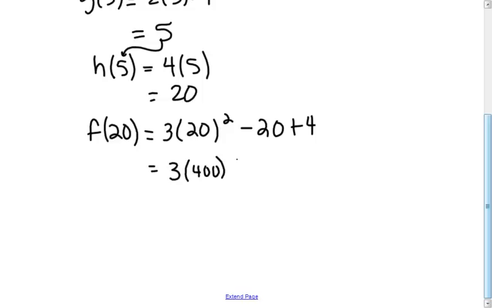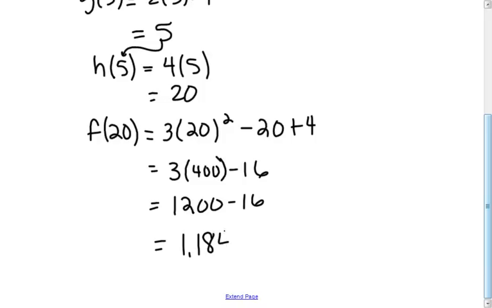And then, of course, you have -20 plus 4, which is minus 16. So you have 1,200 minus 16, which gives you 1,184. Okay, and that will do it for this time.